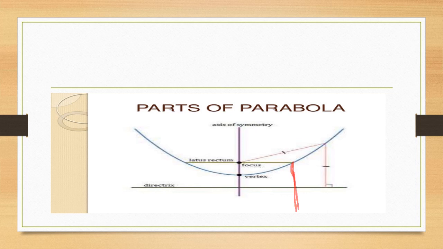If you take this distance and this distance, for a parabola it should always be equal. Say for example, if this is 4 centimeter, then if it is a parabola, this distance is also 4 centimeter. So this is a very important thing. And this particular line is called the directrix, and this is called the latus rectum of the parabola.